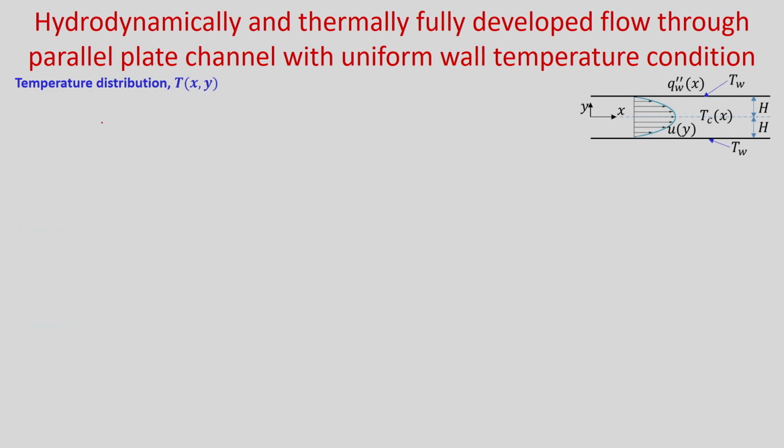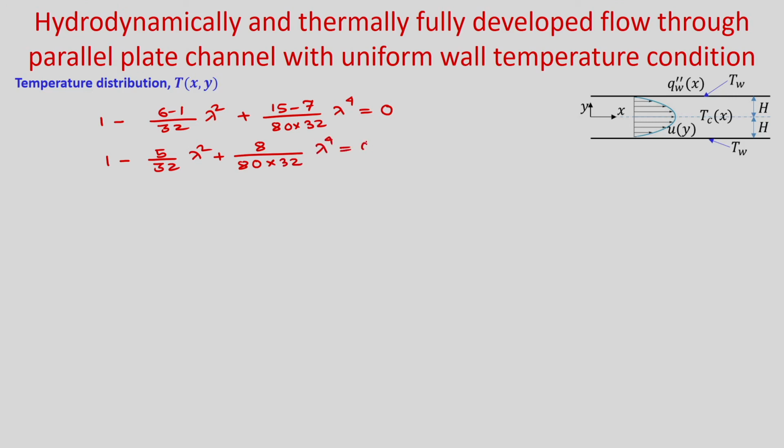So what you will get is 1 minus 6 minus 1 divided by 32 into lambda square plus 15 minus 7 divided by 80 into 32 lambda to the power 4 is equal to 0. So, 1 minus 5 by 32 lambda square plus 8 divided by 80 into 32 lambda to the power 4 is equal to 0, which is just 10.